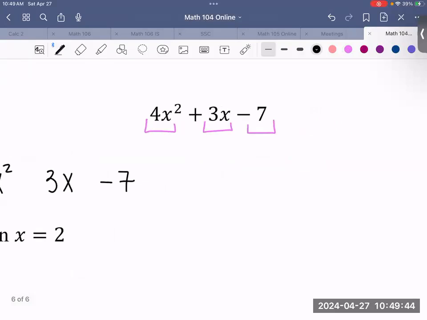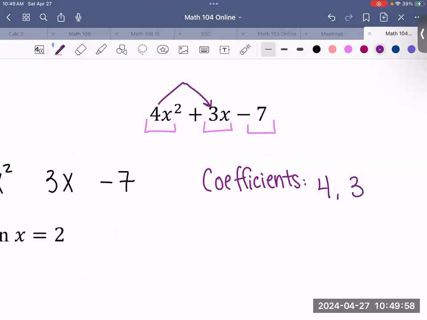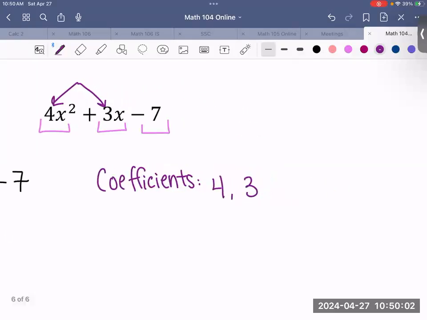Now, what are your coefficients? Your coefficients are 4 and 3. So these are your coefficients. And what's your constant? Your constant is your -7.